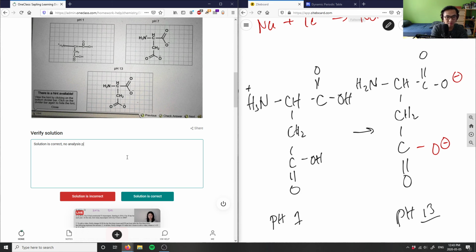No analysis provided, but I believe that the hydrogens on the alcohol group in the carboxylic acid functional group are deprotonated first before the amine group is deprotonated.